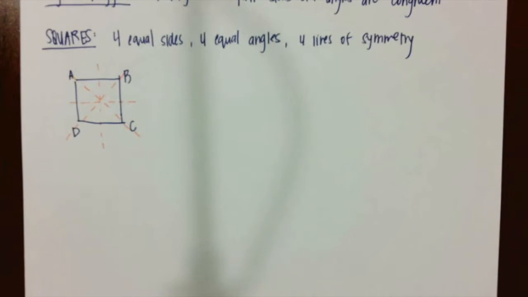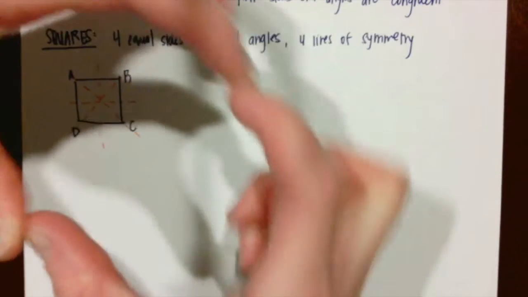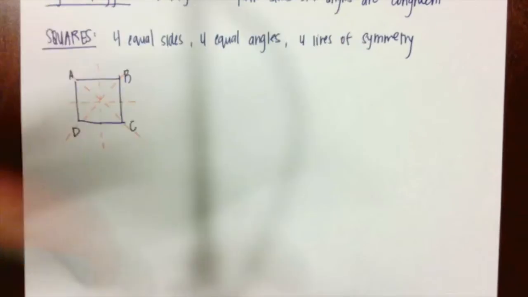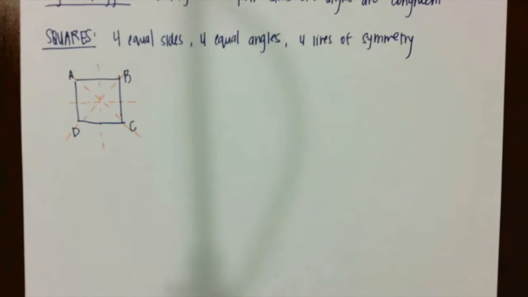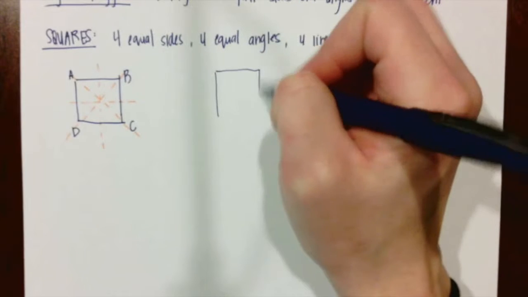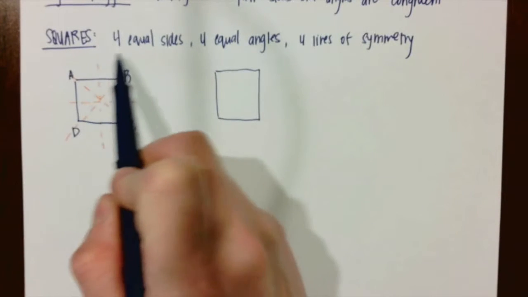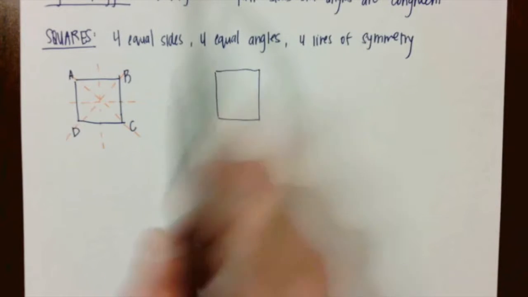Now, what if I took this square and I just twisted it that way? I twisted it 90 degrees. Well, if I twist it 90 degrees, then side A is going to move over here.